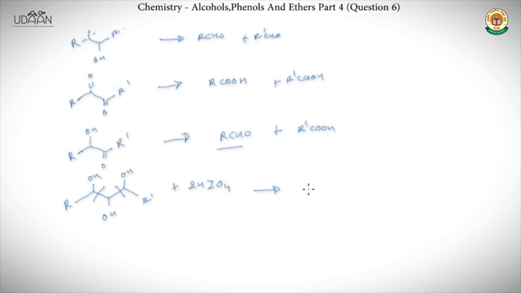So they will form RCHO plus RCHO, but this compound is getting oxidized twice, so it will get further oxidation. So for only this compound, it's like a 2-step oxidation. First it will get oxidized to an aldehyde and then to carboxylic acid. So it will form methanoic acid.